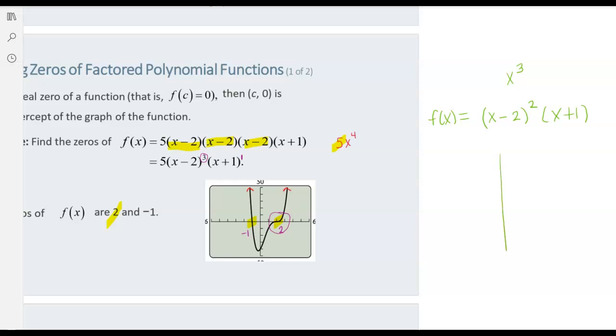What will happen in this particular graph is that at -1, I'm still going to go through the graph, but at +2, the graph is actually going to sit on the x-axis. So the way that this graph is going to look, it's going to come down here.